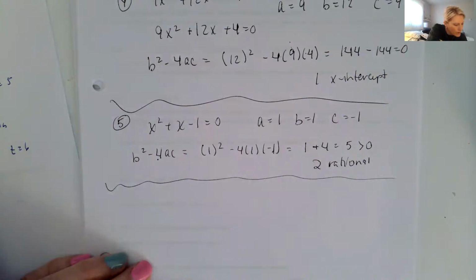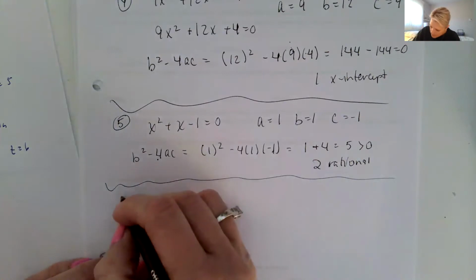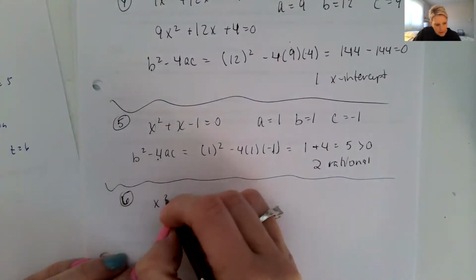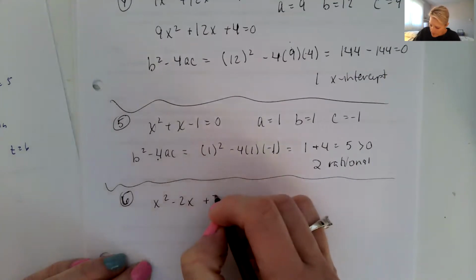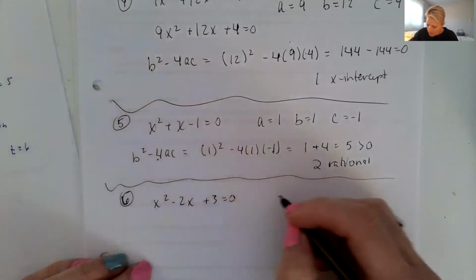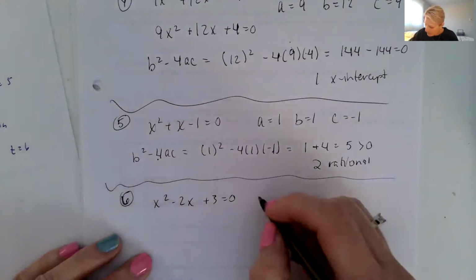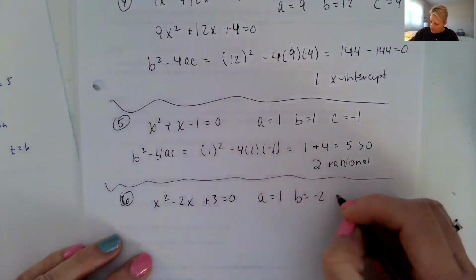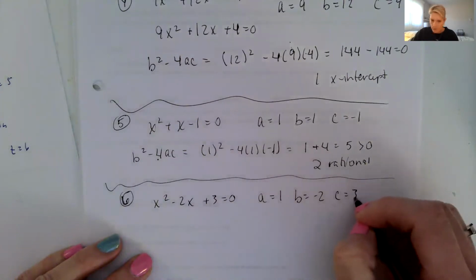Let's look at number 6. Let's try number 6. The number 6 in the book says x squared minus 2x plus 3 equals 0. Everything's to one side, so a equals 1, b equals a negative 2, and c equals 3.